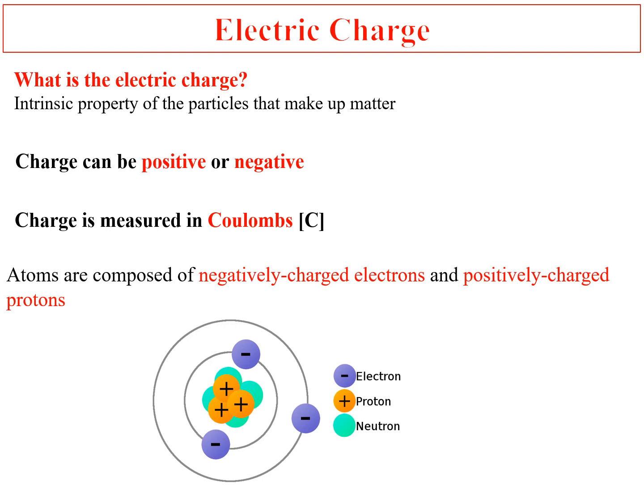If we take an example, look at the nucleus. It has a positive charge, the protons, and the neutrons, but the neutrons have zero charge. And as you see here, electrons are revolving around the nucleus with negative charges.